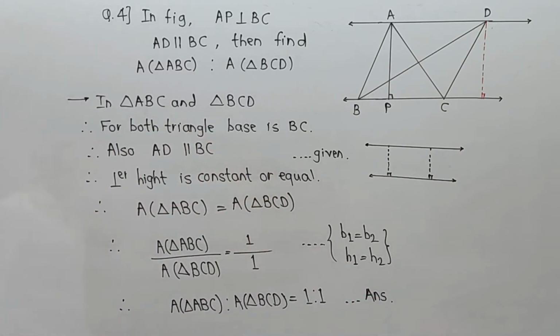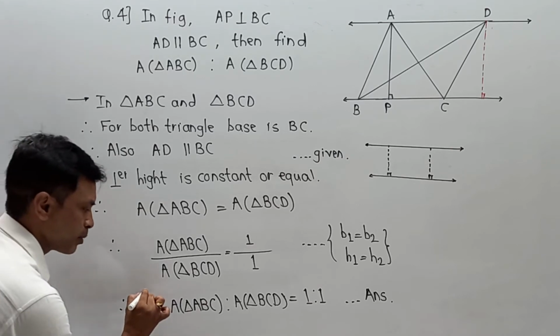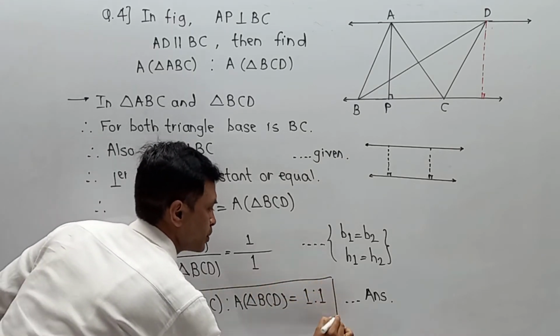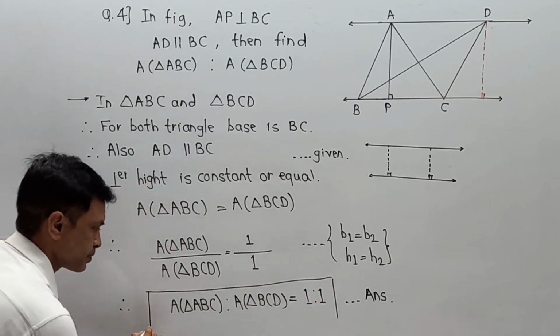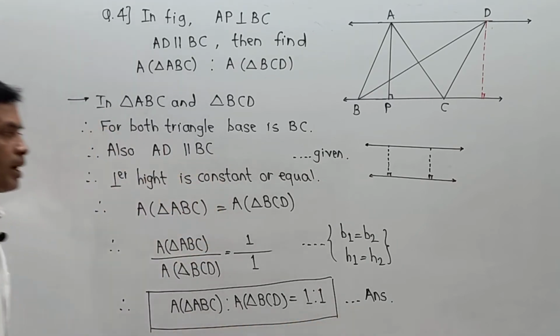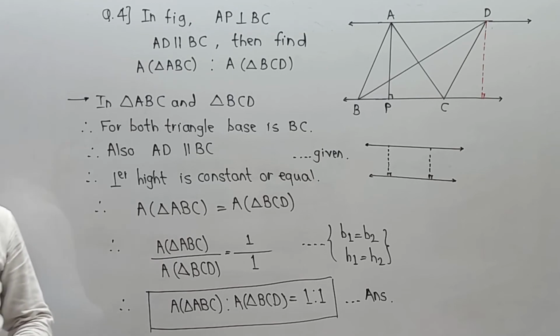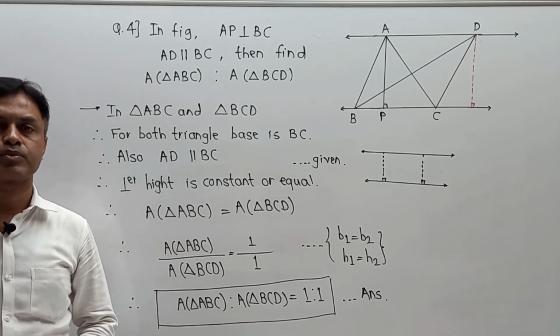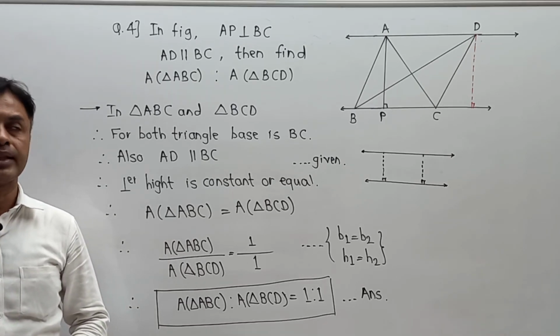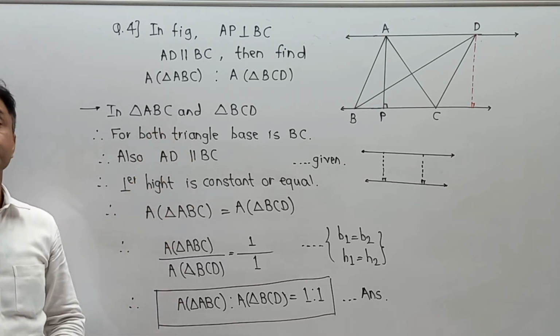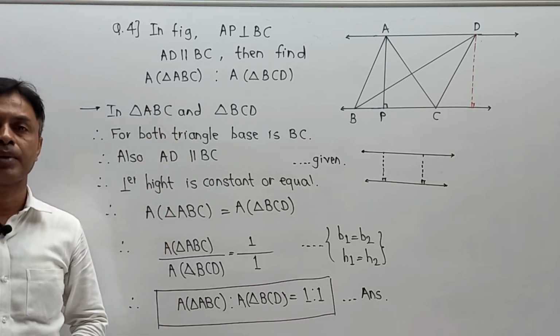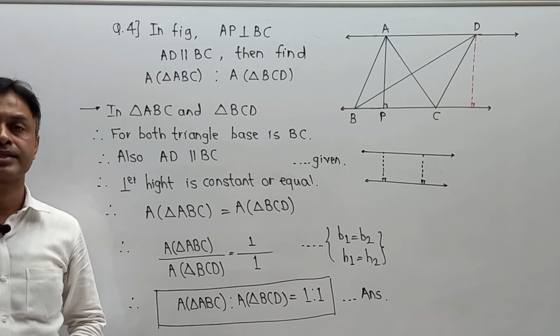And again, as described, we are supposed to make a proper final box for the last step of the answer. Now students, there are some students who are new, and some who are regular from 9-10. In that case, representation is the most important part when you complete a geometry numerical, and definitely it takes some time.